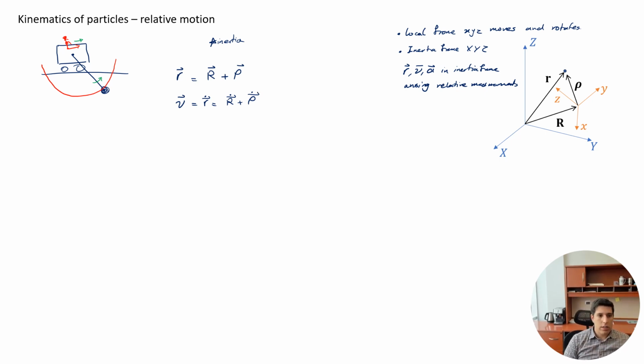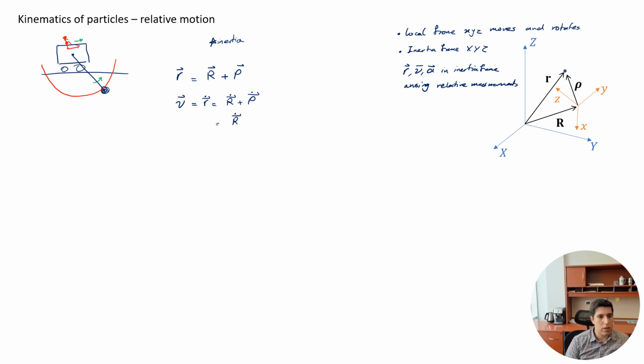So R dot is the velocity of the frame itself in the inertial frame, and rho dot is a vector that is changing in a rotating frame. So we had an equation for this before.